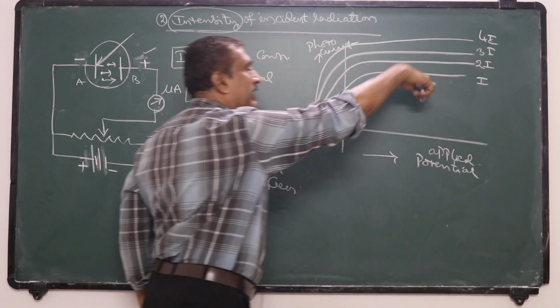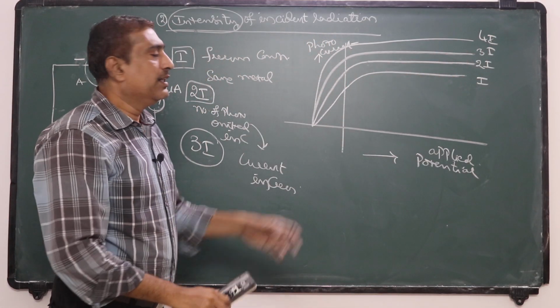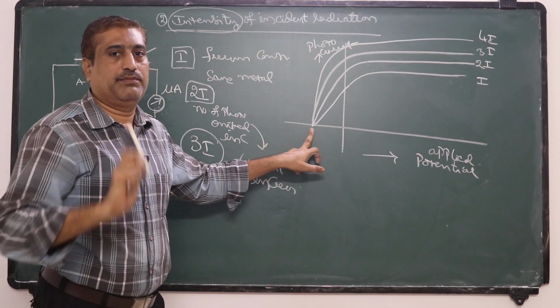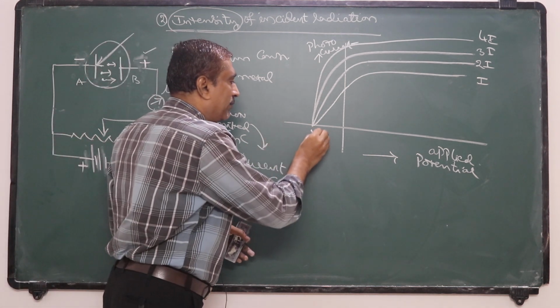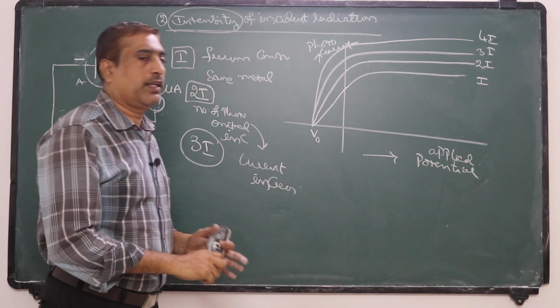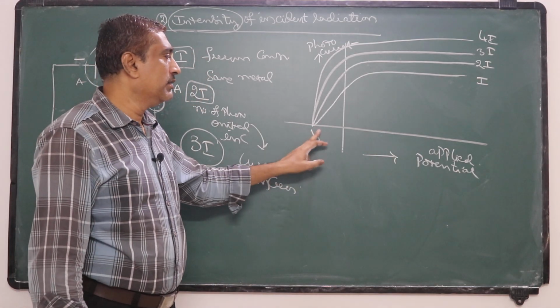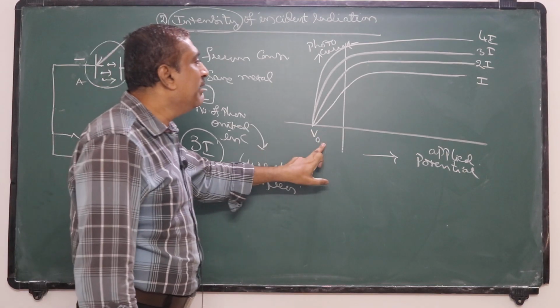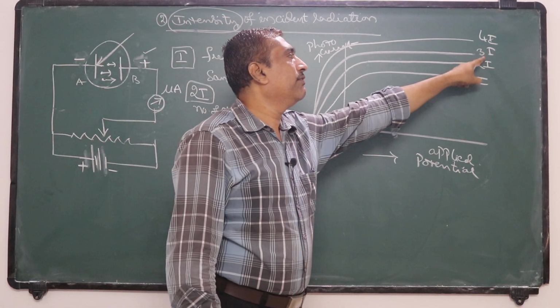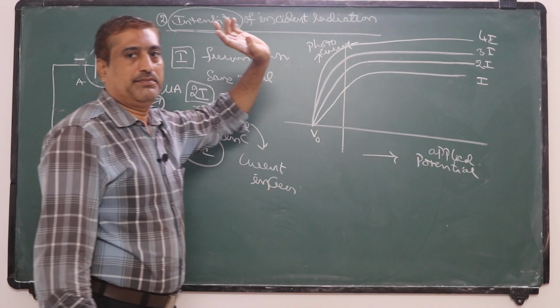But in all these three intensity cases, the stopping potential remains the same. That means the stopping potential is independent of the intensity of incident radiation.